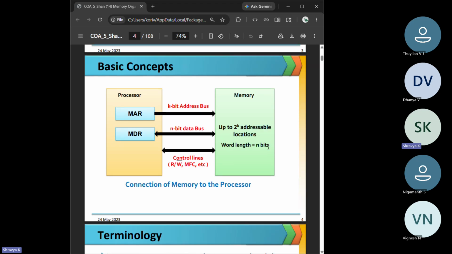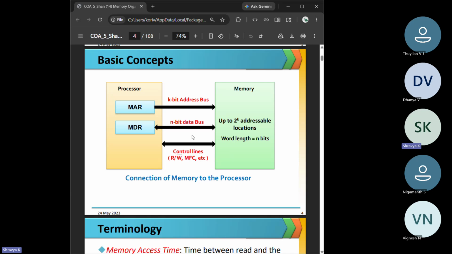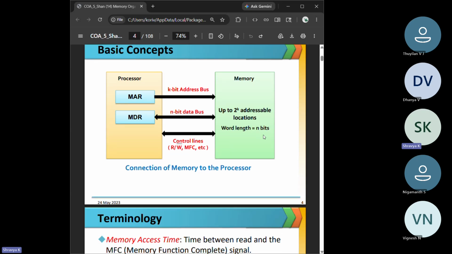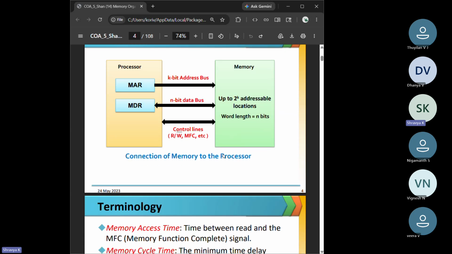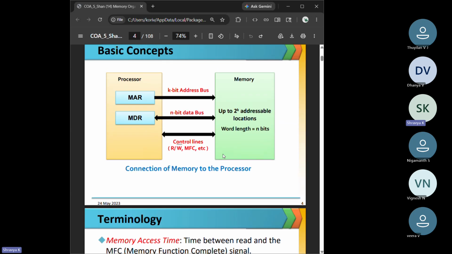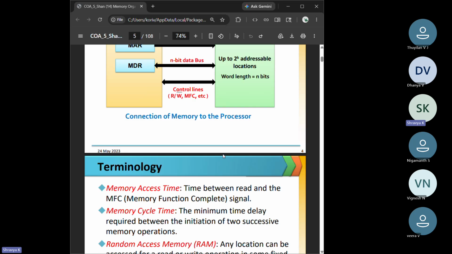You also have control lines between the processor and the memory, for read/write or for memory function complete. Memory function complete is sent back to tell the processor that the memory is done and you can proceed. That is how the memory and the processor connect.